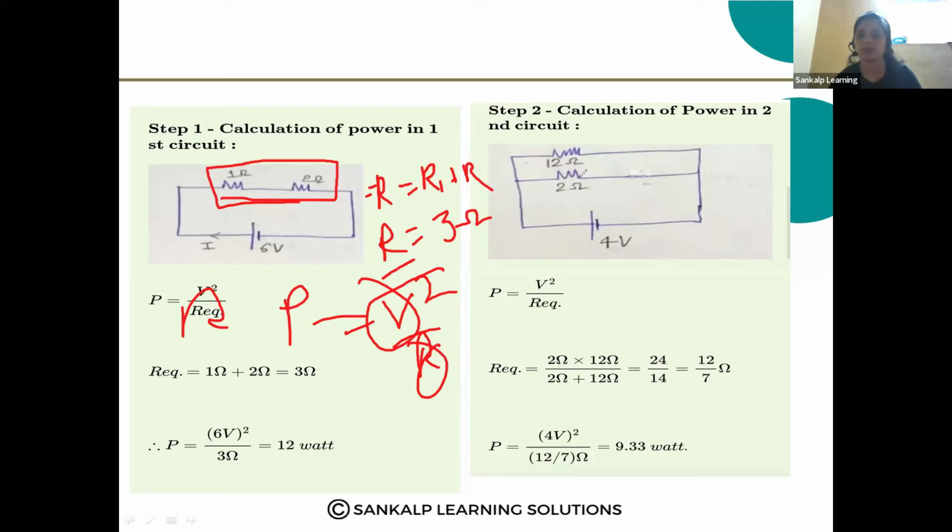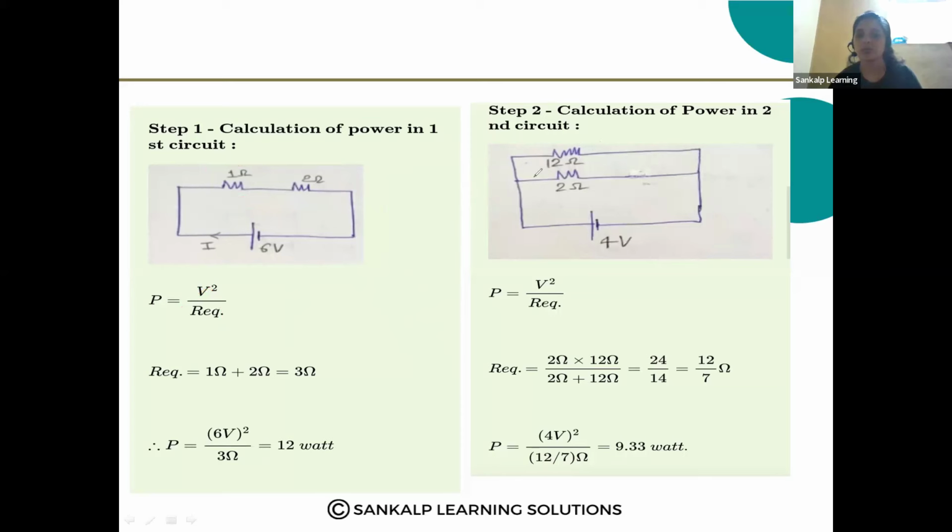In the second question, the 12 ohm and 2 ohm resistors are connected in parallel. Then what will be the total resistance in this circuit? What is the formula to calculate the resistance when they are connected in parallel?